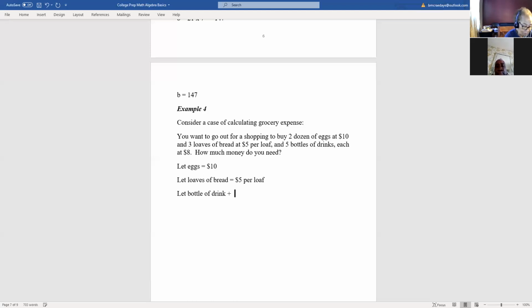Okay, equal $8. Okay, now eggs, how much per dozen? 2 dozen. How much do the eggs cost per 1 dozen? $5. Okay, so that's going to be $5.